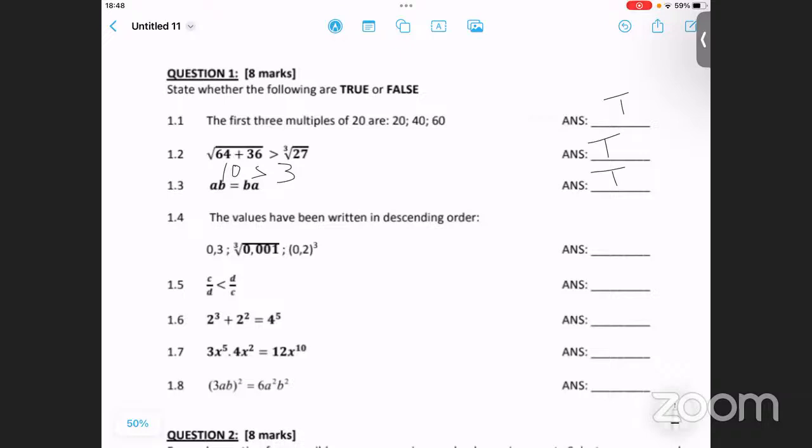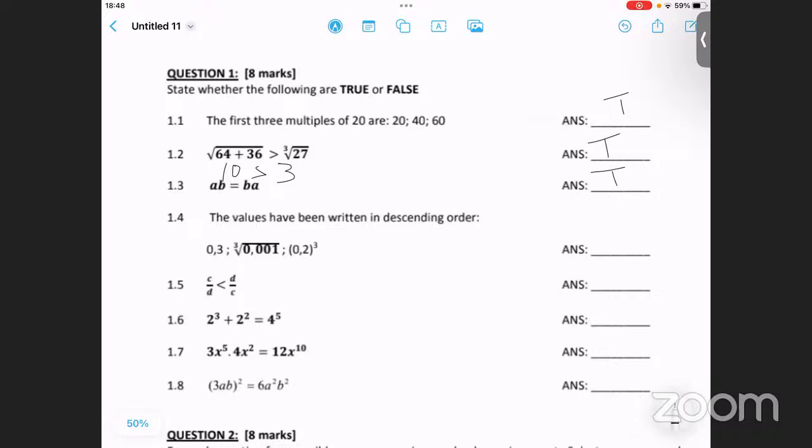And let's look at number 1.4. They say the values have been written in descending order: 0.3, then the cube root of 0.001, and then 0.2 cubed. Is this in descending order? Before we go to the answer, what do you understand by the term descending?